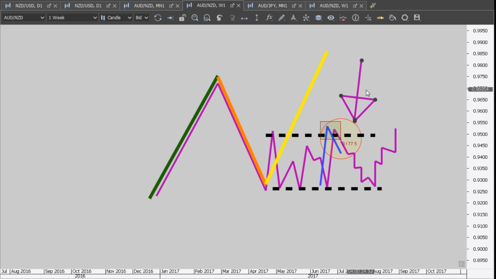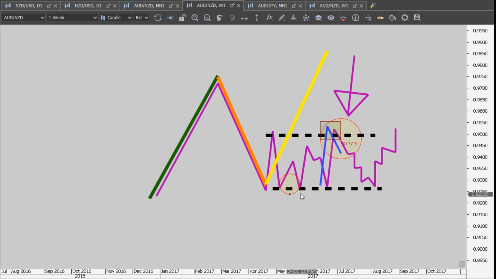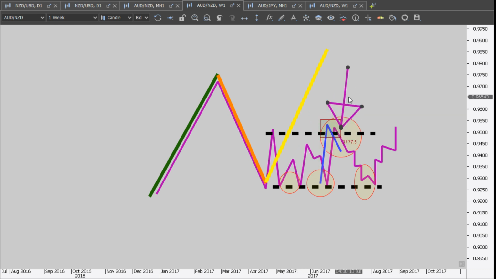So again, is anything wrong with shorting the market? Absolutely not. But if you're a beginner, buy in here when you have the confirmations. Buy in here, don't go short, because of the blue line on a smaller scale.